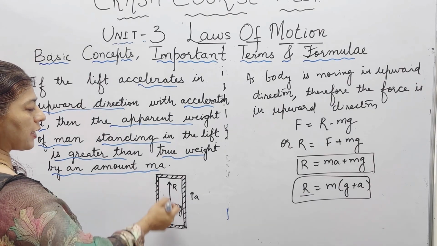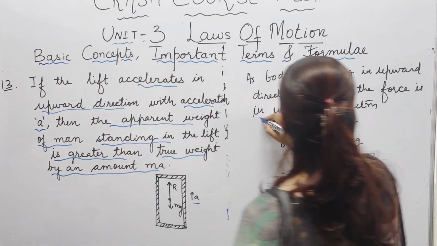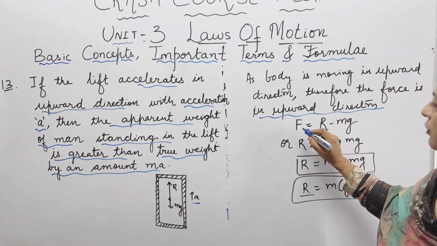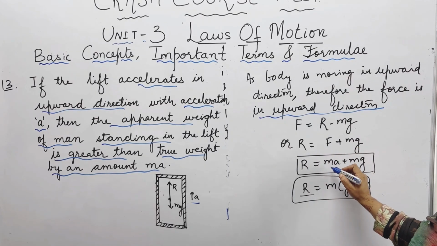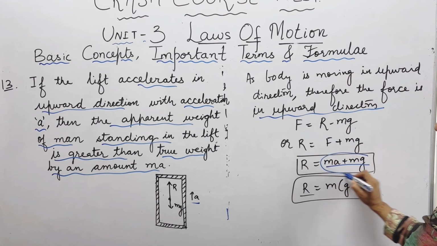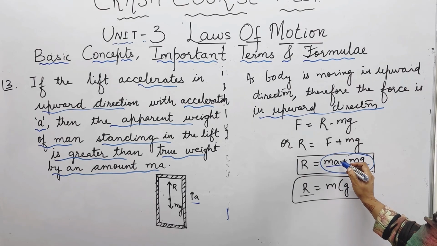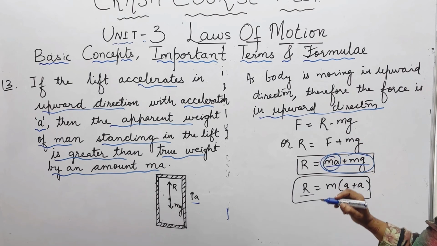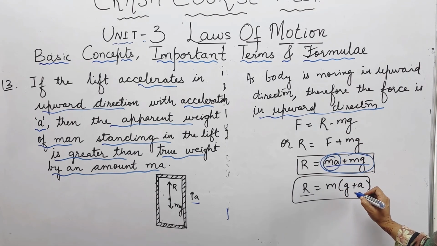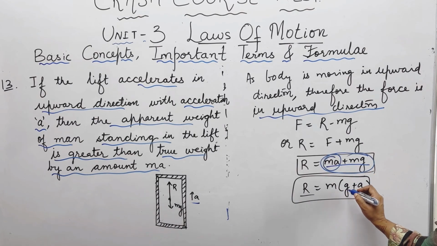Since the lift is accelerating in upward direction with acceleration a, the net force in upward direction is given by F equal to R minus mg, and R is equal to ma plus mg. So here we can see that true weight is mg and acceleration is a. So plus ma is being added when the body is moving in the upward direction in the lift, and the acceleration acting on the body will be g plus a.